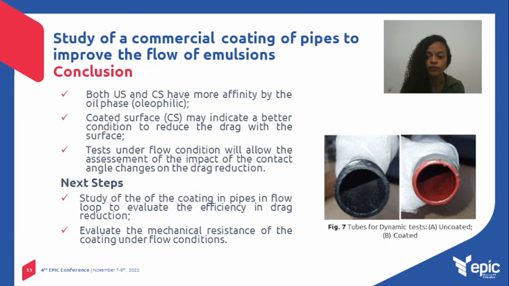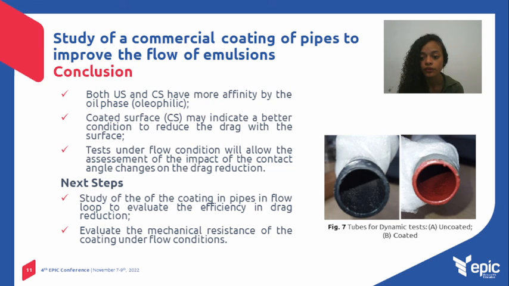So both US and CS surfaces show to have more affinity for the oil phase, oleophilic. And comparing both surfaces, the coated surface, CS, caused a reduction in the wettability of the surface, more significantly for the crude oils, which may indicate a better condition to reduce the drag with the surface.